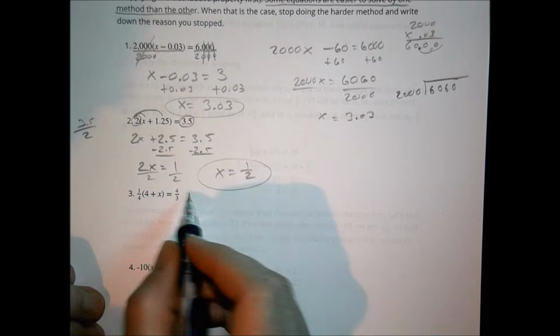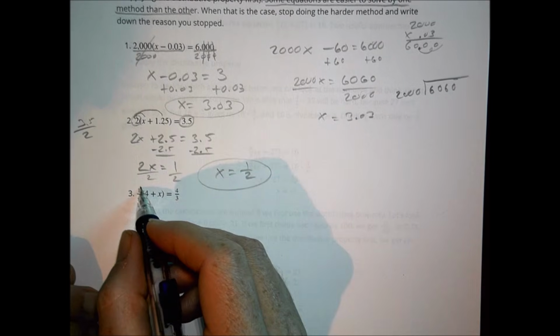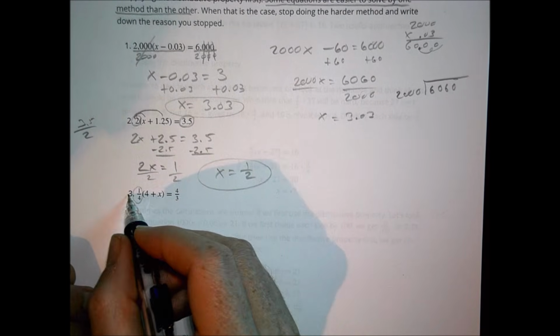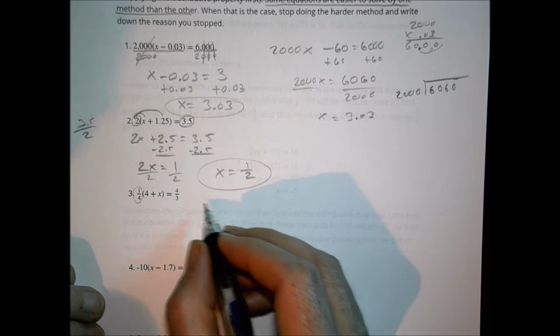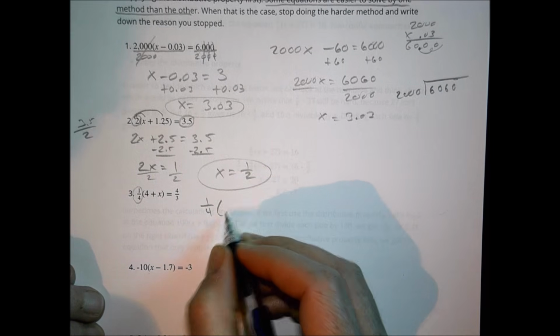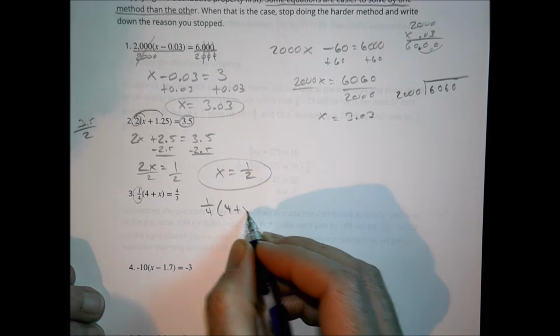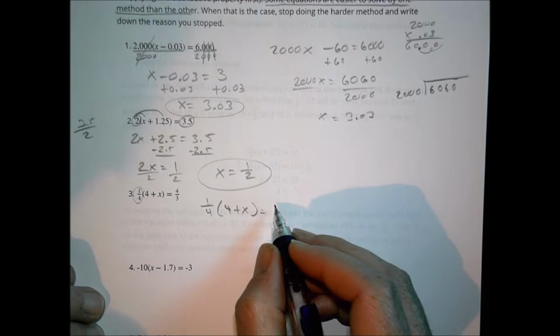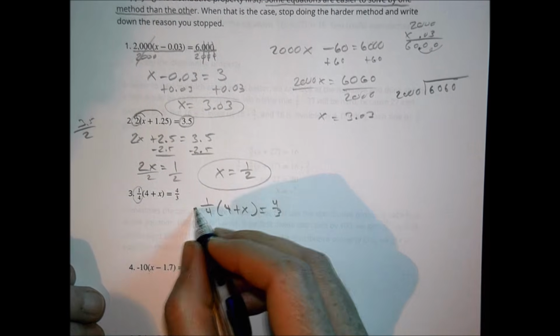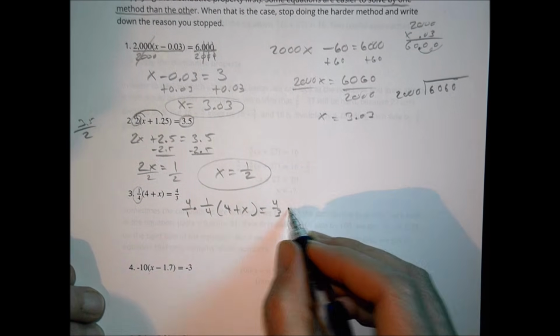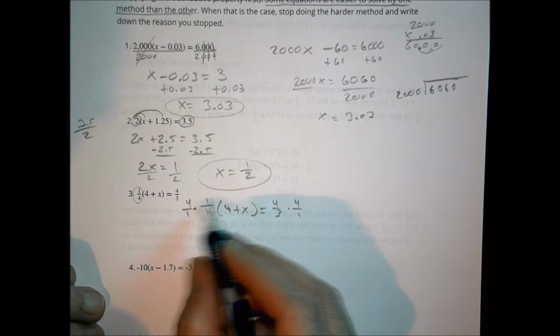For this one, I want to clear that fraction out of the way, so I'm going to multiply both sides by the reciprocal. So I have 1/4 times 4 plus x equals 4/3. I'm going to multiply both sides by the reciprocal, 4 over 1, so this goes away, right?